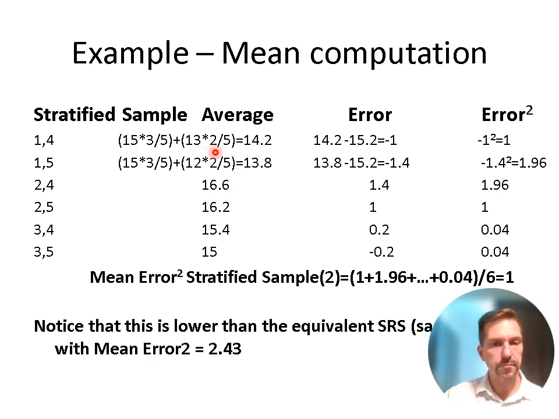Here, we're going to do the same thing. 13 is the sales that correspond to store 4. Store 4 is a small store, and there were 2 small stores in our population. So the weight that we're going to use is 2 divided by 5. 2 because there are 2 small stores, and 5 because there are 5 stores in total.